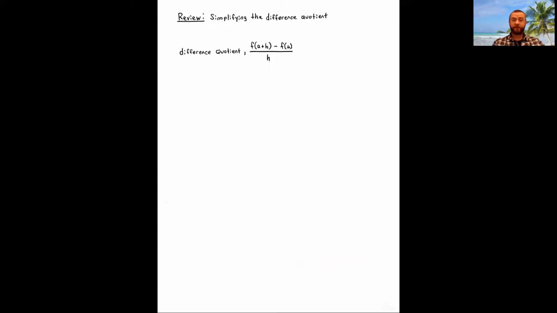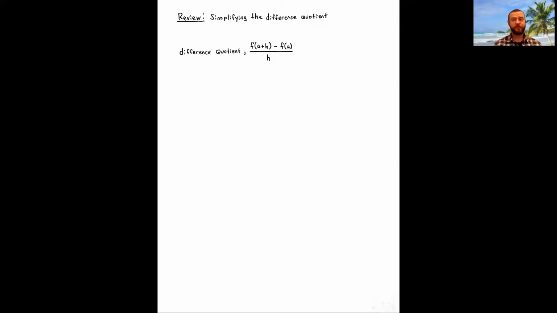All right, with that out of the way, let's get to a preview or maybe review of a problem. Think back to your pre-calculus course. If you can, this was probably very early on. You had examples where you were simplifying this thing called the difference quotient.